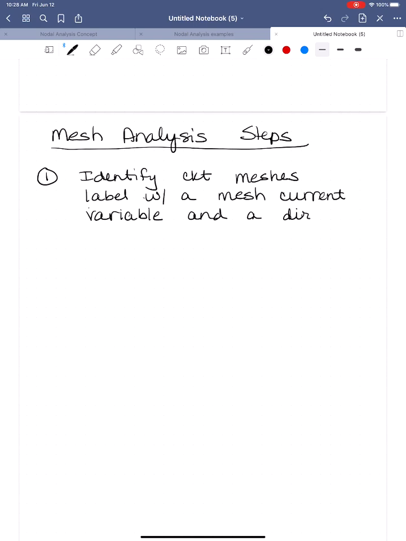And a direction, a loop direction. Okay, now this seems odd to talk about circuit currents flowing in a loop, but it'll make sense, I think, when we look at the first circuit.